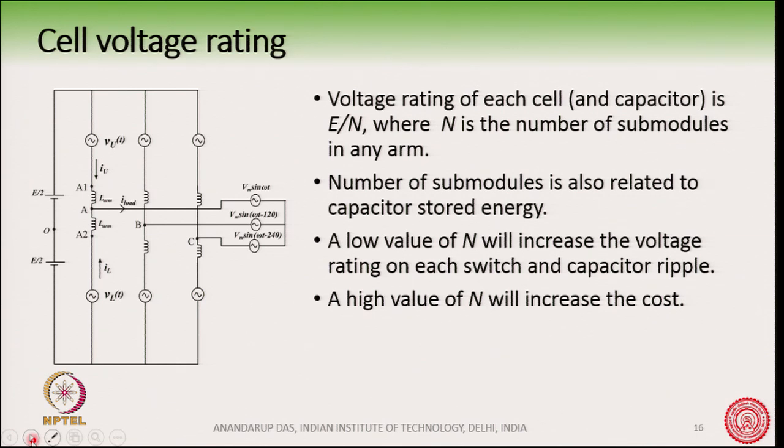Then, for example, we can have the DC bus as say plus minus 200 kilovolt. That means this capital E will be equal to 400 kilovolt. In that condition, what is the value of N that we should choose?